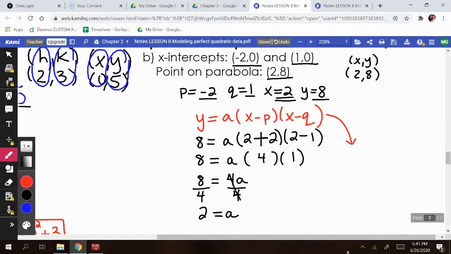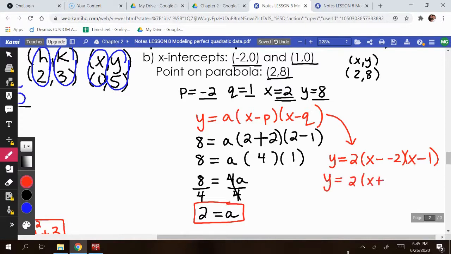We are going to have y equals, I know that a is 2 now, (x minus p), p was -2, and (x minus q), q was 1. So I get y equals 2(x plus 2)(x minus 1) as my intercept form.